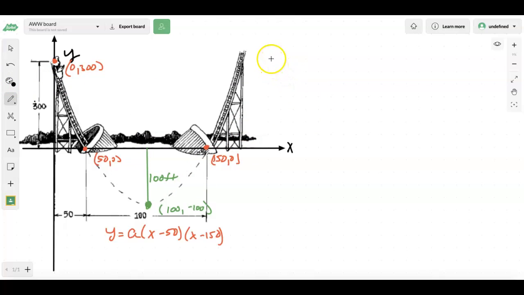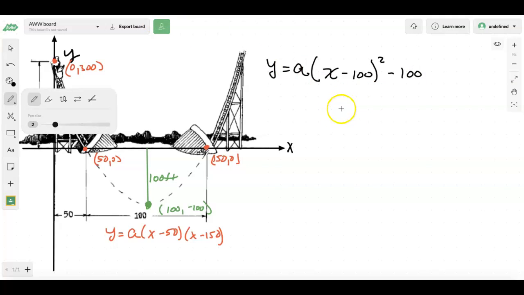Our equation is going to be y equals, again, we still don't know what the scalar is, so let's use a for the scalar. Then our x minus h would be the 100 from our distance going here. Square that, and that'll be minus 100 for the distance going down.